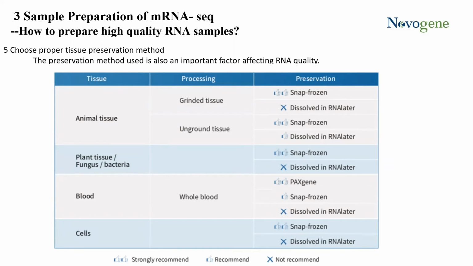For blood samples, for whole blood processing, we recommend submitting the packaging tubes and also the snap frozen blood, but we do not recommend dissolving in RNAlater for the blood sample. For cell pellets, it is strongly recommended to submit them as snap frozen and do not dissolve in RNAlater.